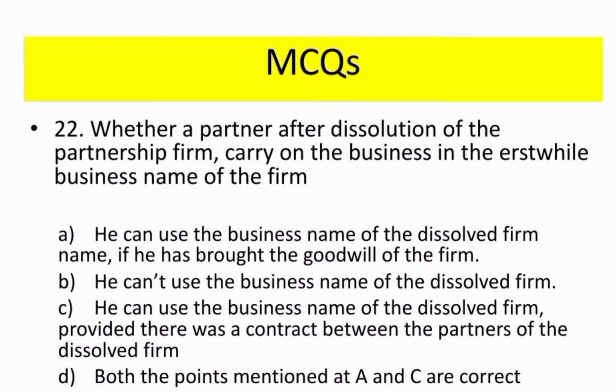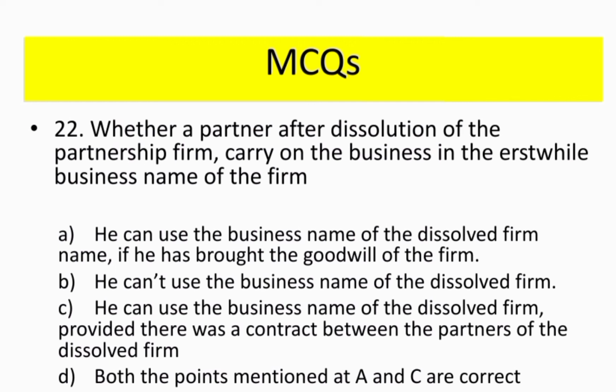Okay. Option B says he can't use the business name of the dissolved firm. Option C says he can use the business name of the dissolved firm provided there was a contract between the partners of the dissolved firm. And option D says both the points mentioned at A and C are correct.